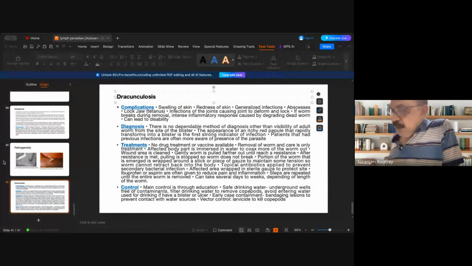Then erythema and alopecia, that means the hair falls off, hair fall. Irritation and scratching cause bleeding. There is so much itching that it may lead to bleeding also. So irritation and scratching cause bleeding and wound formation.